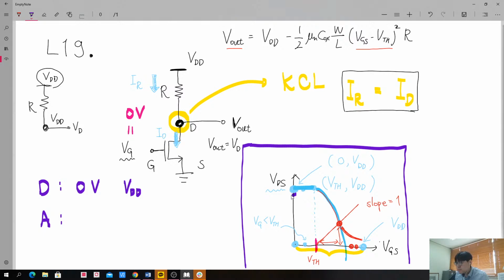Yes, you will have this point. And when you have VDD as your input, where will be your answer? Yes, this will be the output. Of course, we are quite certain about 0 and VDD.